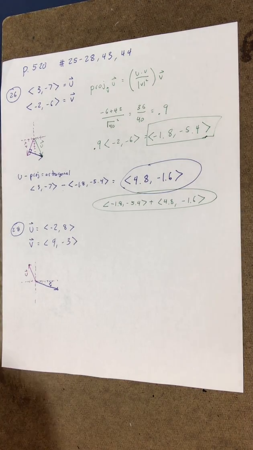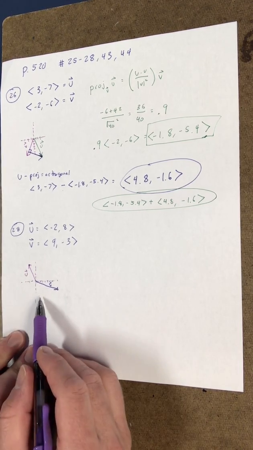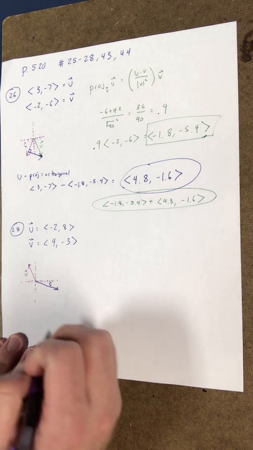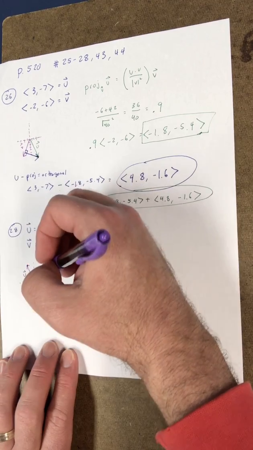This visual is a little bit more complicated because in order for us to project onto vector v, in order to make a right angle, we have to extend it a little bit.